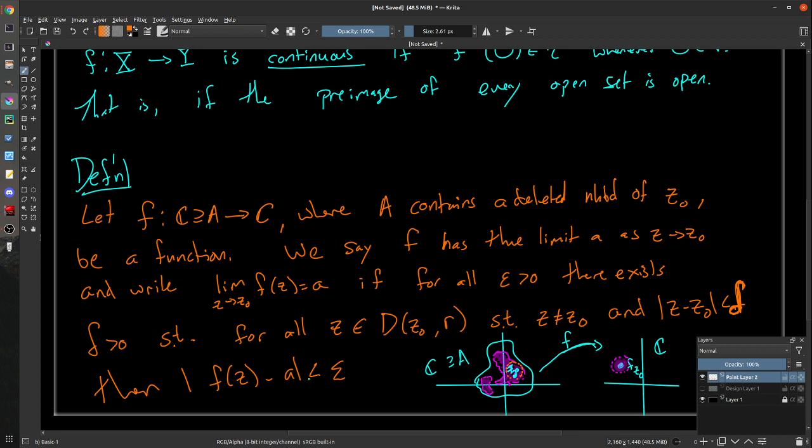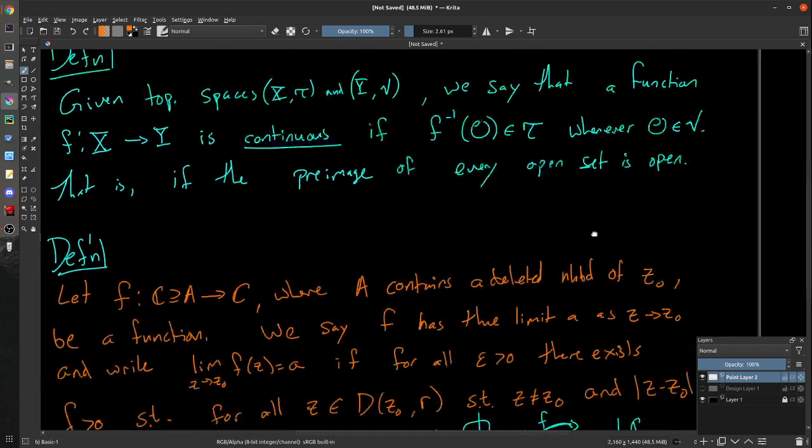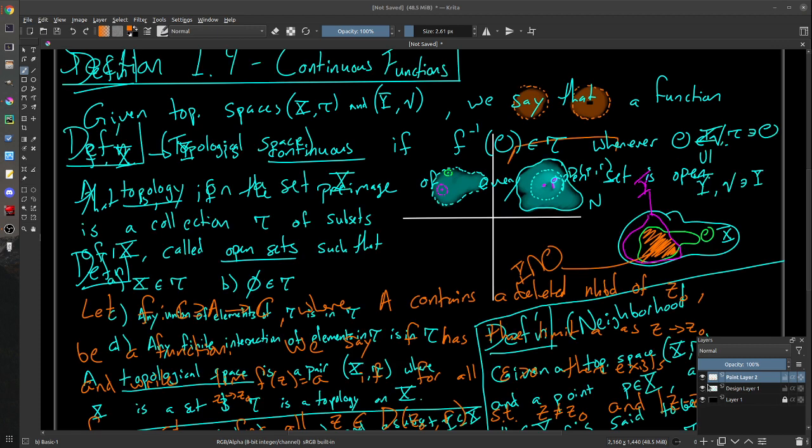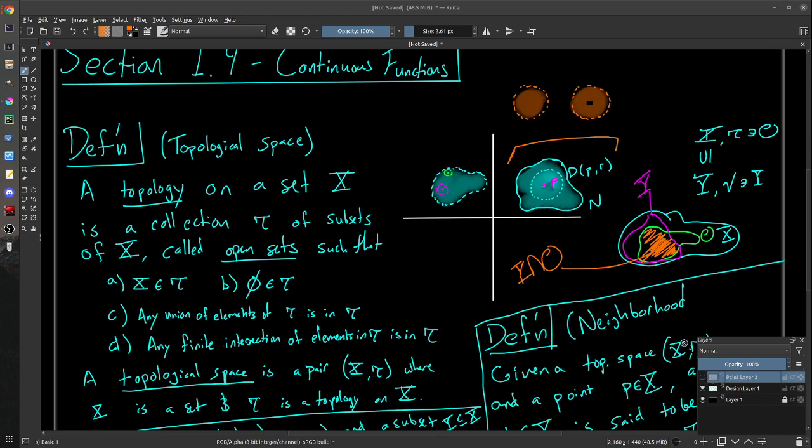All you need to get unique limits is a Hausdorff space, which we won't talk about here, but we've already basically described what a Hausdorff space is. It's just a space where any two points can be separated by distinct open sets. There are disjoint neighborhoods of any two distinct points.